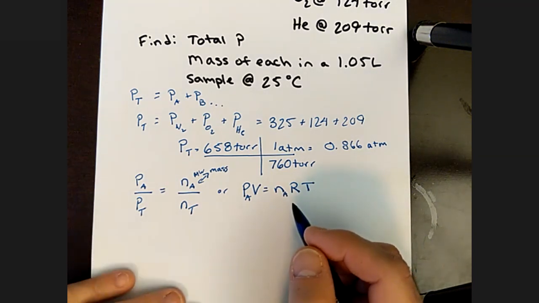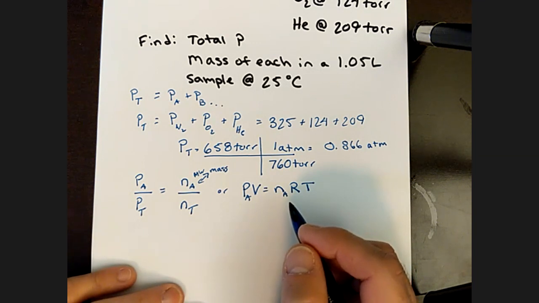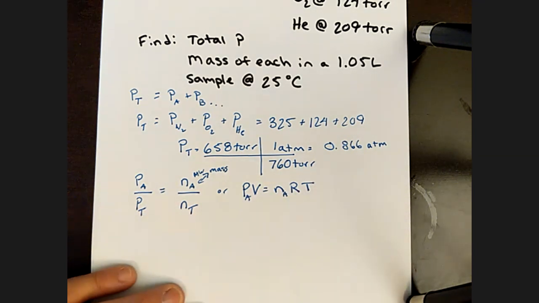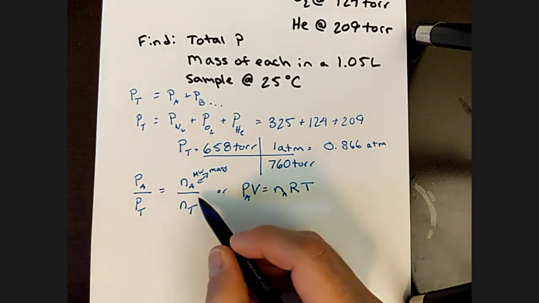They both give you the same answer, and it doesn't really matter whether it's more or less work. It's just a matter of which relationship you are likely to understand or recognize that you need to use right away. So I'm going to go ahead and solve using this first one.